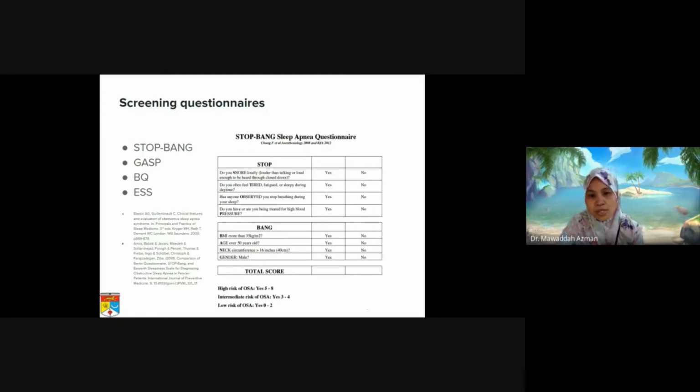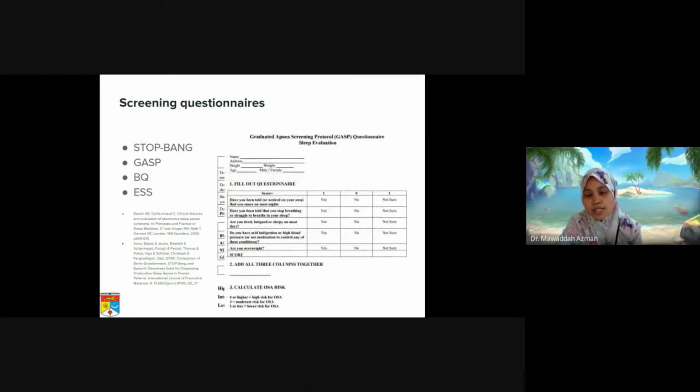The STOP-Bang questionnaire has shown the greatest sensitivity and specificity out of all the other questionnaires described in research. The sensitivity is up to 94.9% and specificity up to 82.3%, and this has been shown by large population-based prospective trials. There are other questionnaires if you're interested to read.